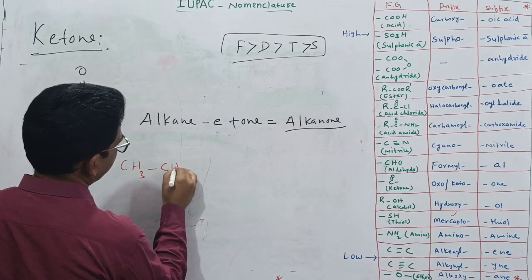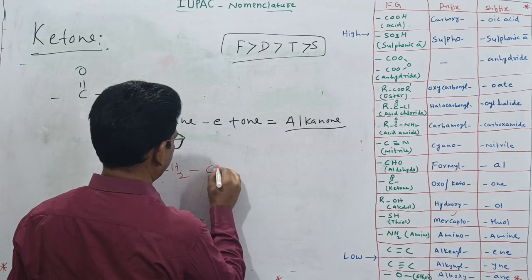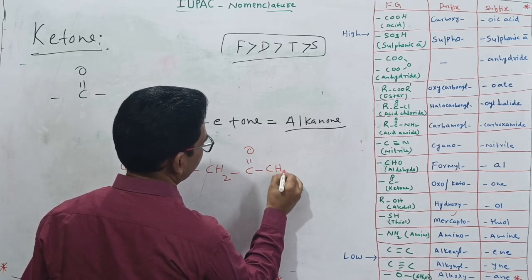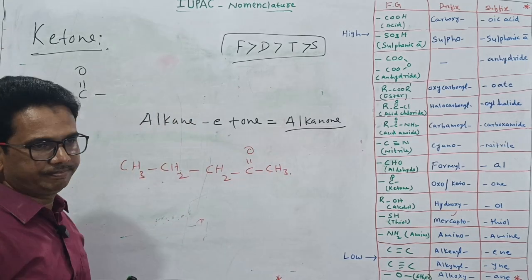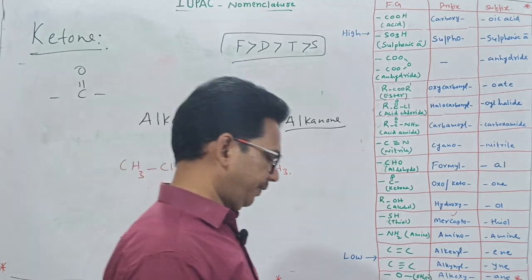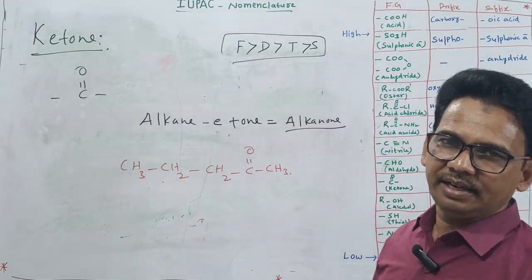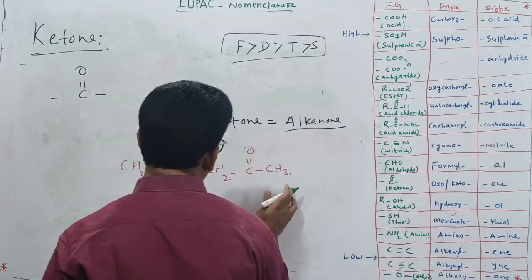CH3, CH2. Now see from which side you will give the numbering. Only one functional group is there, that is the ketone, that's why you have to start the numbering from this side.